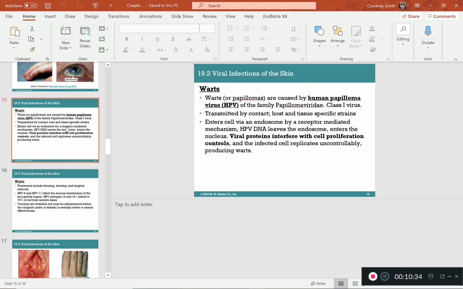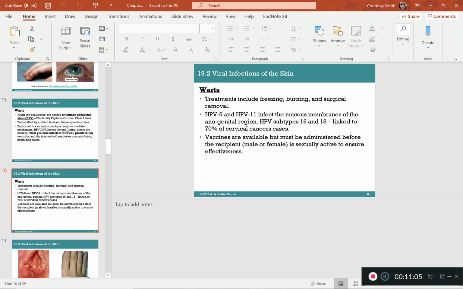But we're going to be talking about genital warts for the most part, and that is generally caused by HPV 6, 11, 16, and 18. Those are the main ones. This is also transmitted through direct contact, either person to person or person to contaminated surface.